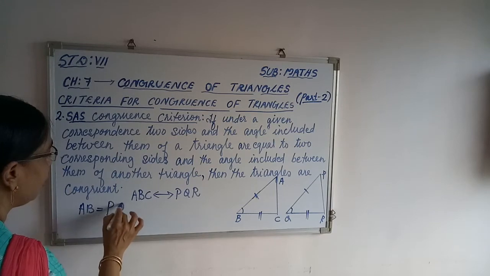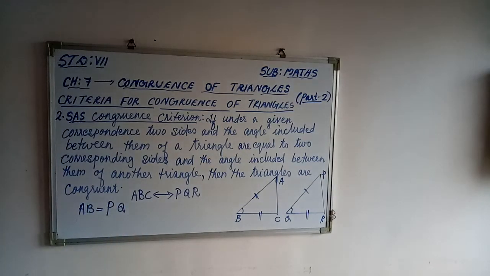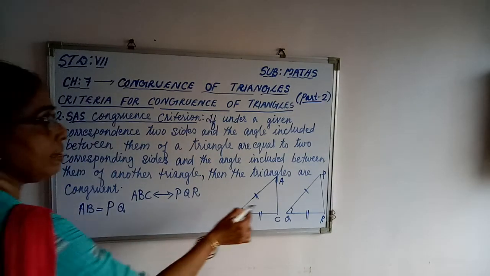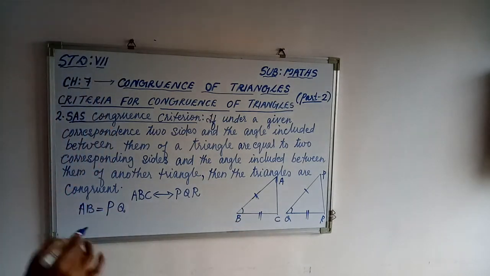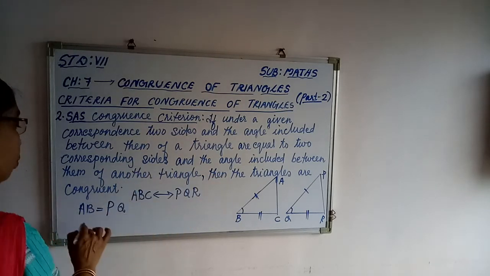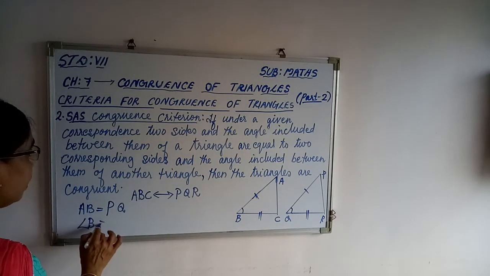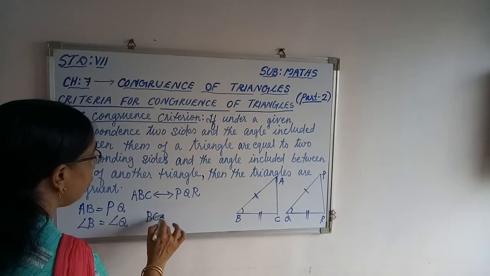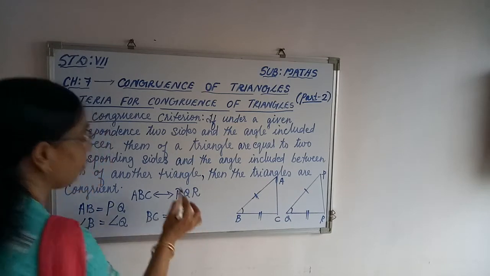AB is equal to PQ. Then which is the other side? BC, isn't it? BC is equal to QR, and which is the included angle? Included angle is B and Q. So angle B is equal to angle Q.